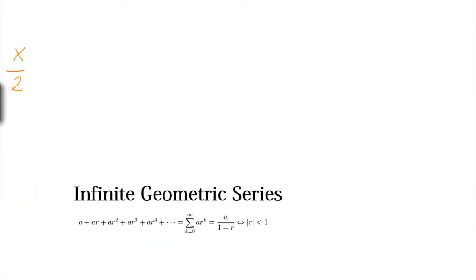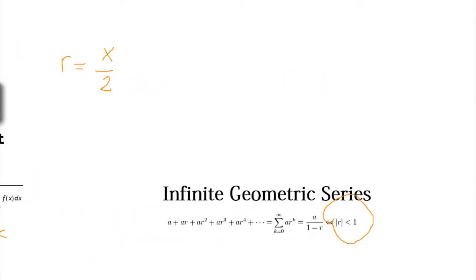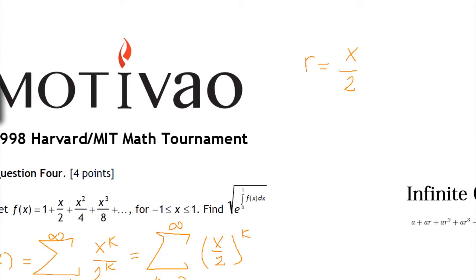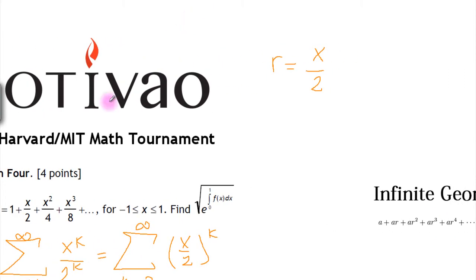But the question, does it satisfy that the ratio is less than 1? Well, we know that x is between minus 1 and 1. So if we divide by 2, we get this.